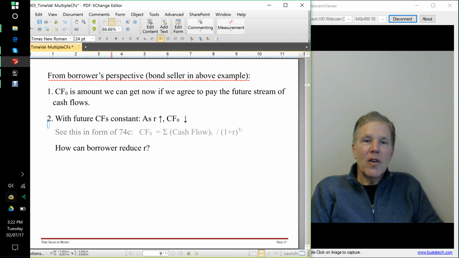So if those are held constant, as the interest rate that lenders are going to demand goes up, the amount you get at time t equals 0 goes down. So as a borrower, it's in your interest to keep that R as low as possible.